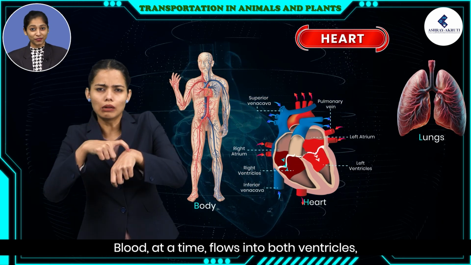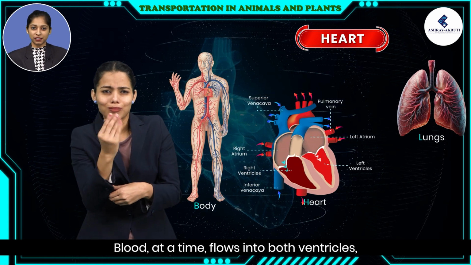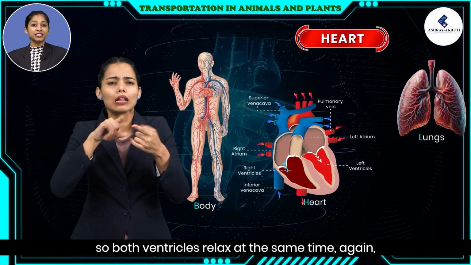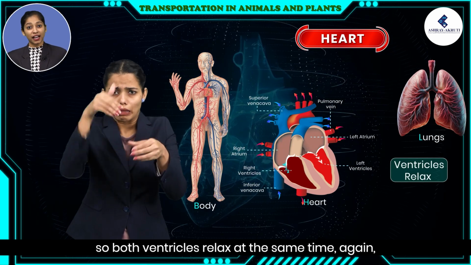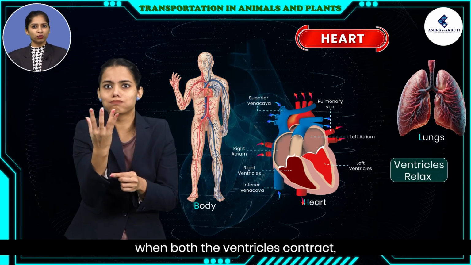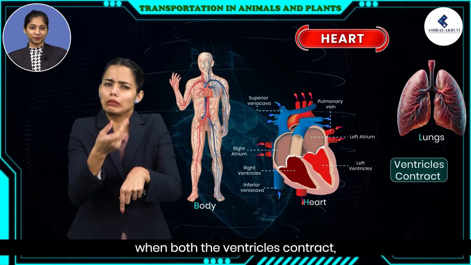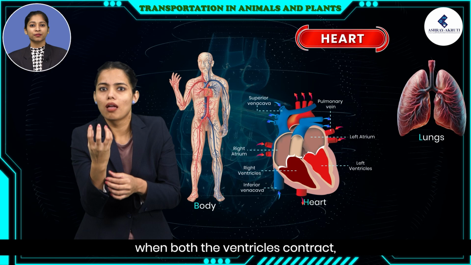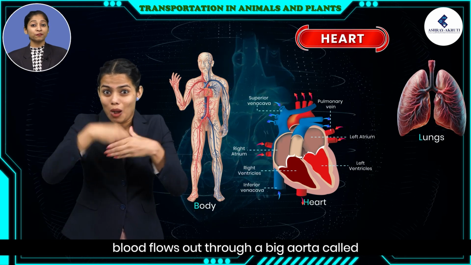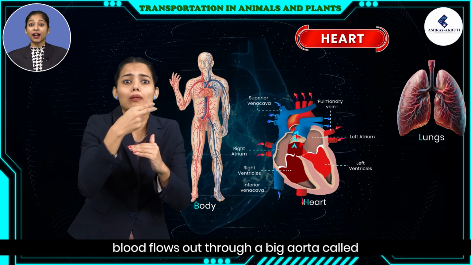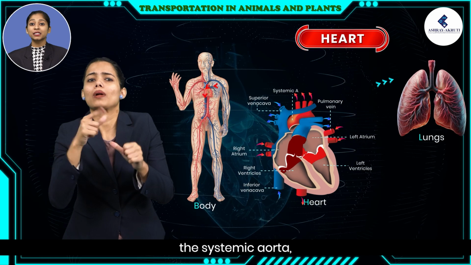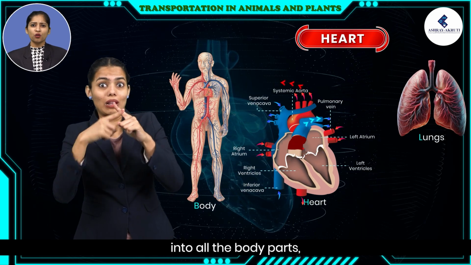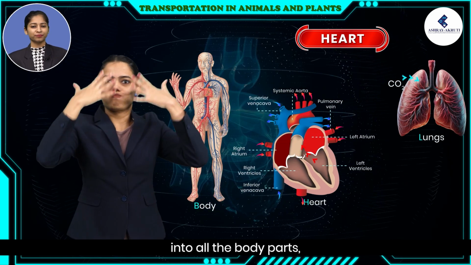Blood at a time flows into both ventricles. So, both ventricles relax at the same time, and again when both the ventricles contract, blood flows out through a big aorta called the systemic aorta into all the body parts.